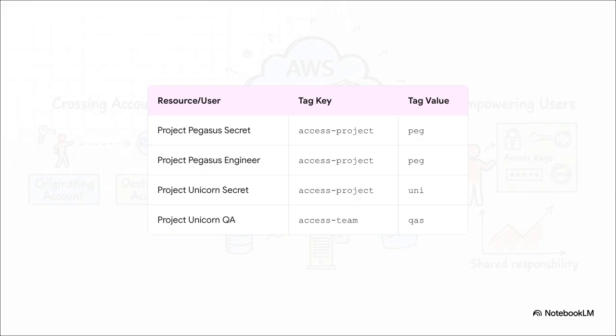You can create one simple policy that says something like, a user can access any resource as long as their access project tag is the exact same as the resource's access project tag. So look here. The Project Pegasus engineer has the tag access project peg, and the Project Pegasus secret has the exact same tag. Boom! Access is automatically granted. You never had to write the secret's name in the policy at all.